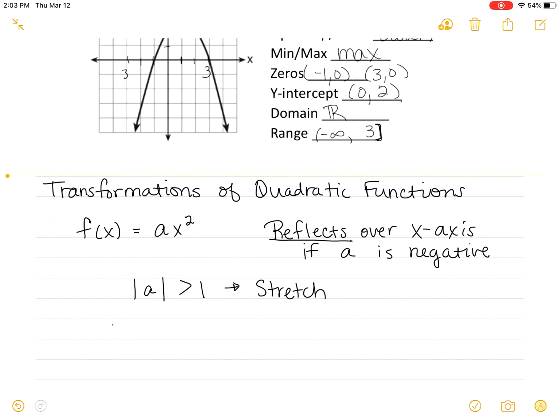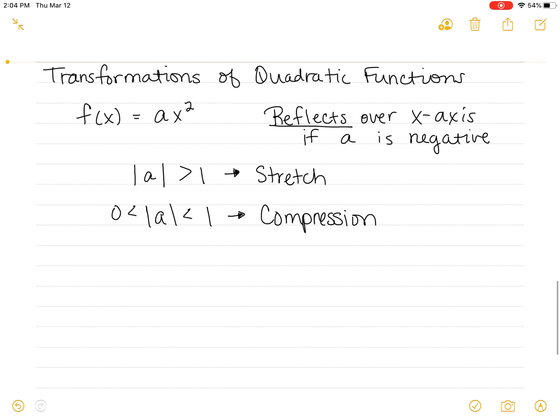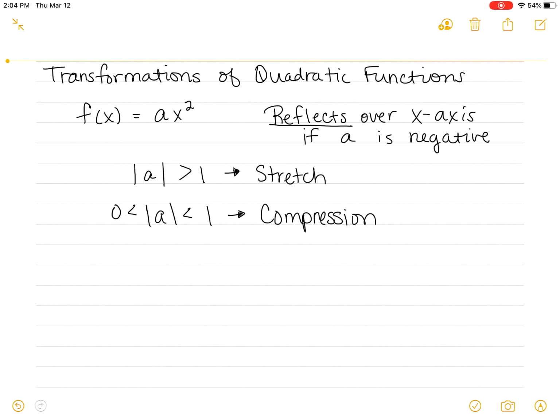And if that number is between 0 and 1, so it's a fraction less than 1, that's a compression.